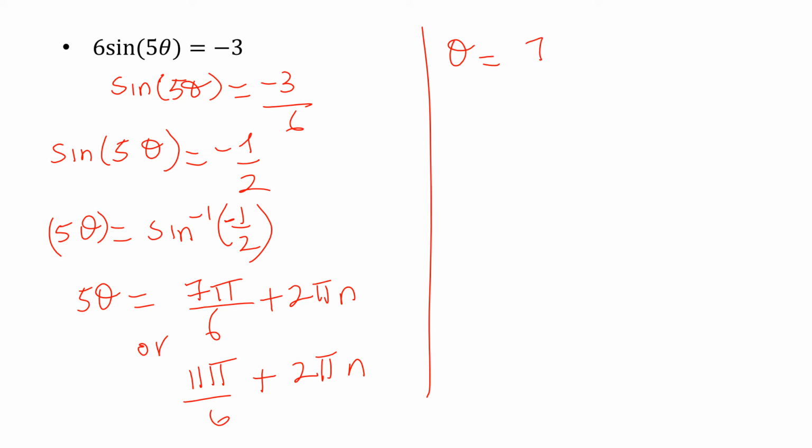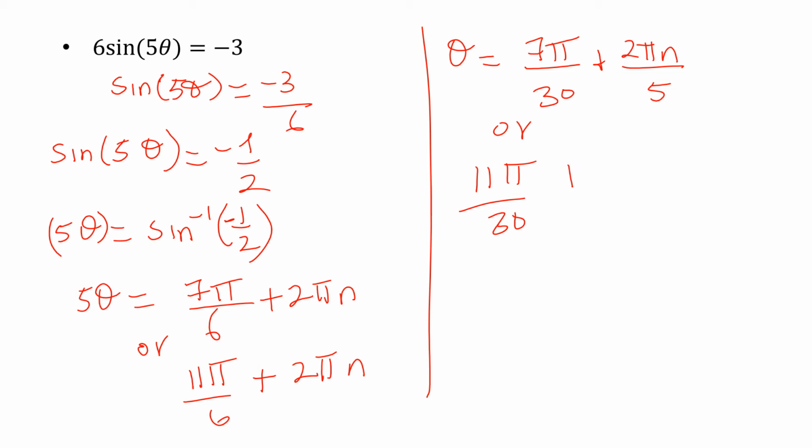So it's going to be 7 pi on 30 plus 2 pi n on 5, or 11 pi on 30 plus 2 pi n on 5. And that's the general solutions.